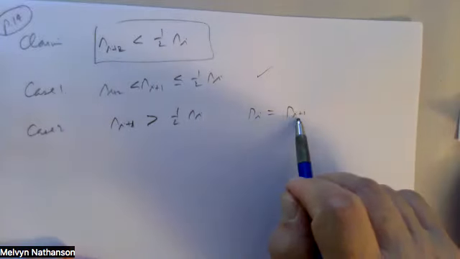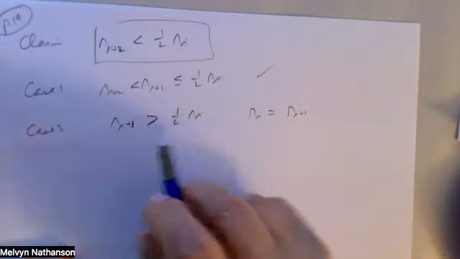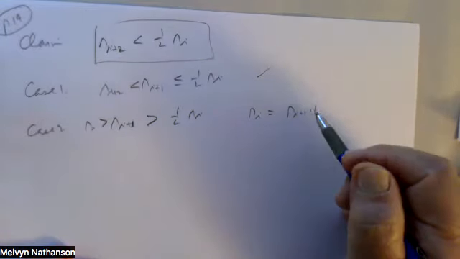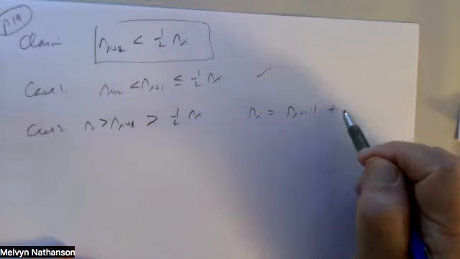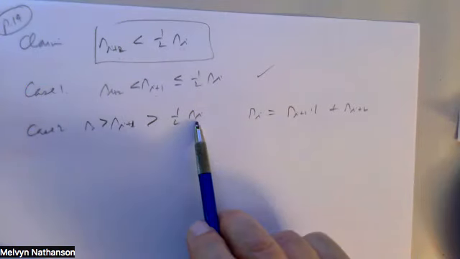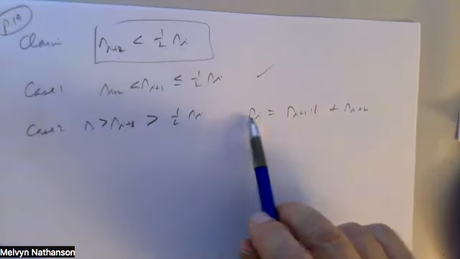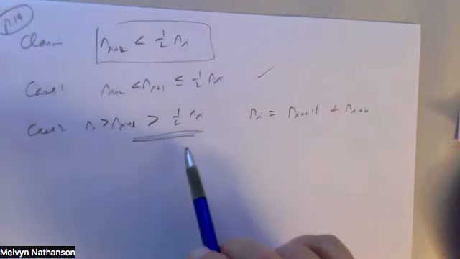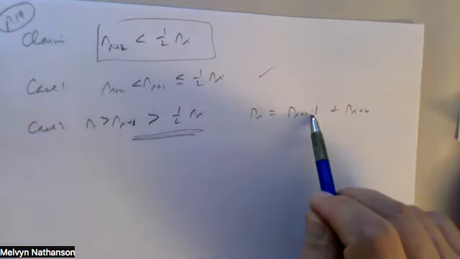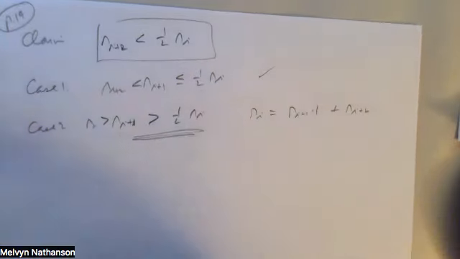Now, if R_{i+1} is bigger than a half R_i, and it's less than R_i, R_{i+1} will go into R_i just one time, and leaves a remainder R_{i+2}. Right? Of course, 2 times R_{i+1} will be bigger than R_i. So in this case, when you divide R_i by R_{i+1}, the quotient is 1, and this is the remainder.